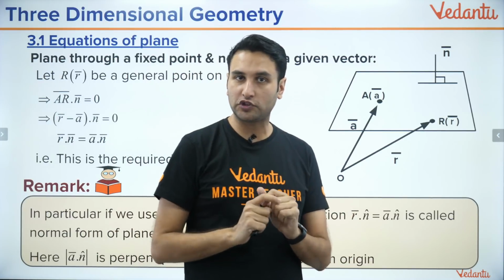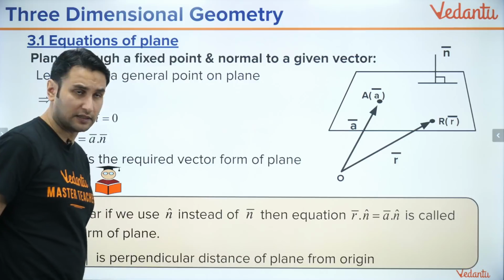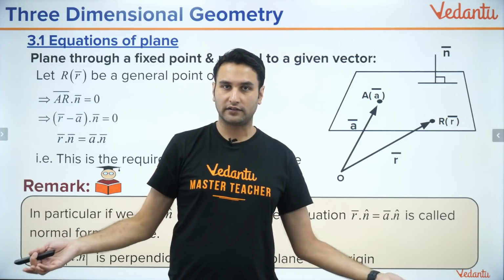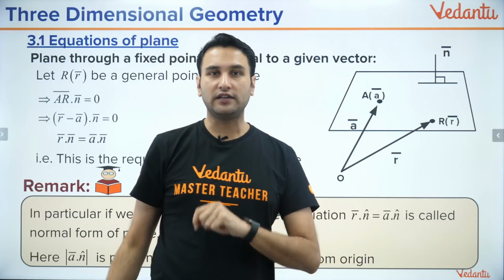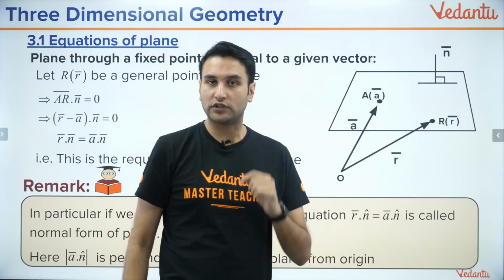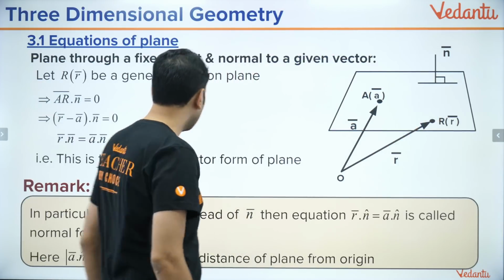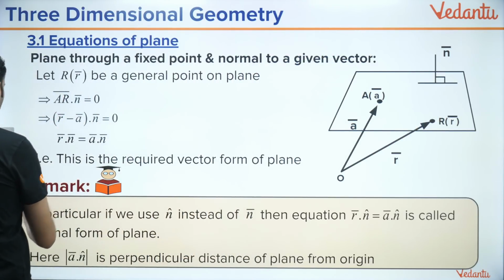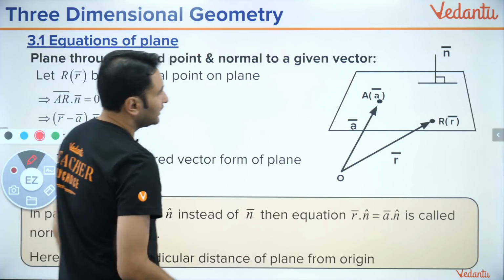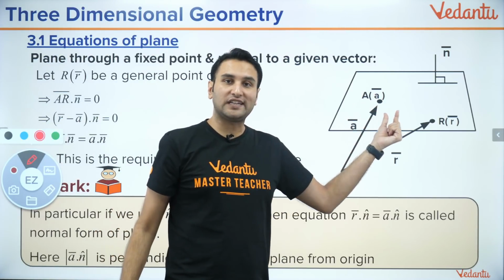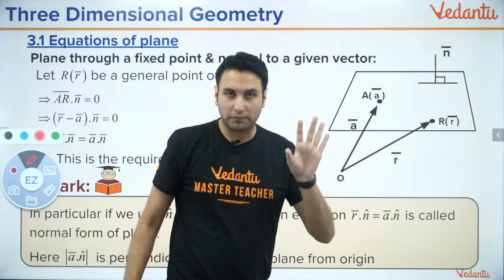But what is the plane, bachcho? This is the plane. So plane is like the floor on which we are standing. ठीक है? Let us study the equation of the plane so that we can approach the problems. तो plane दे दिया आपको. ठीक है. The type 1 of the equation. So imagine a point A is given on the plane.